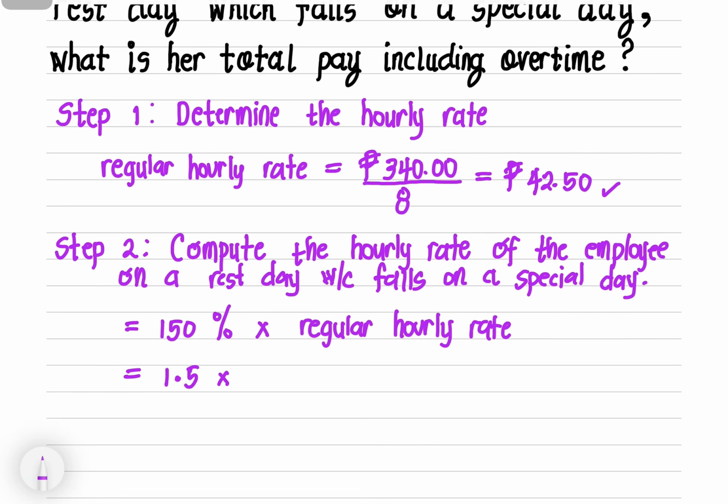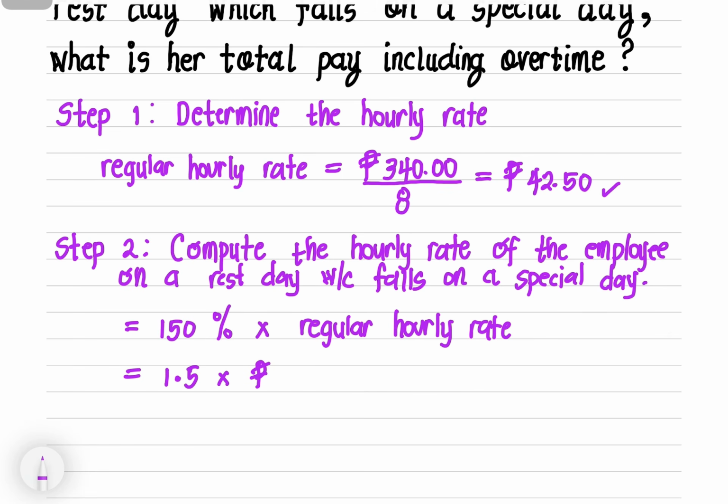Times, or kung meron kayong calculator, pwedeng i-press yan, 150% times yung magiging regular hourly rate, and then bibigyan na kayo ng direct na sagot. Okay? So, times, so here yung ating regular hourly rate, proceed tayo doon sa step 1 natin, which is 42.5.